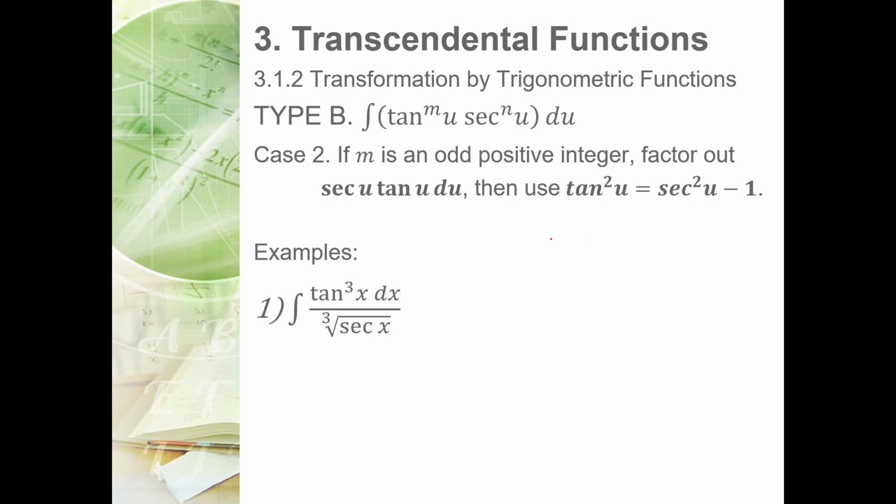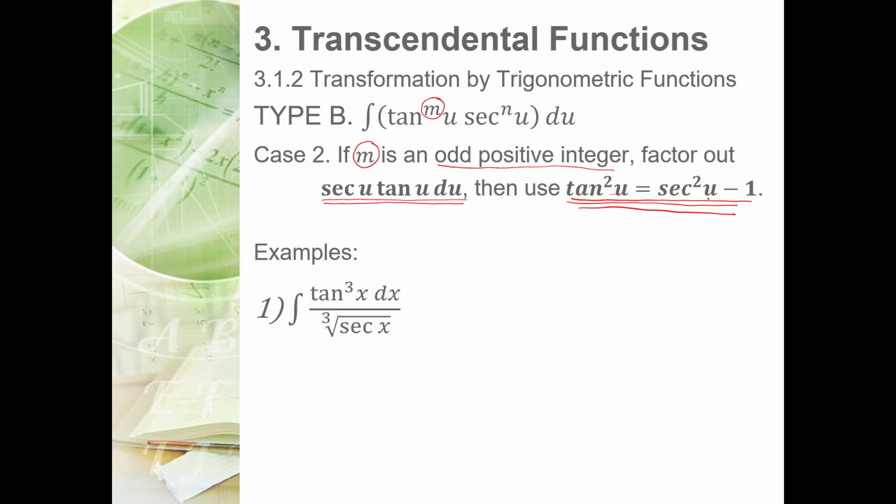Alright, so let's go to the second case of the type B equation. This time we focus our attention on the exponent of the tangent function, m. If m is odd and positive, we factor out secant u tangent u, and then use the corresponding identity, which is tangent squared u is equal to secant squared u minus 1.